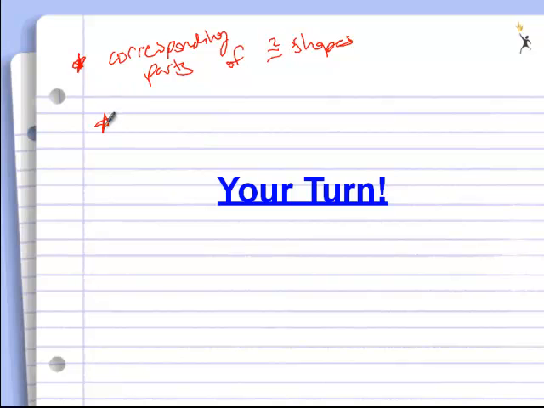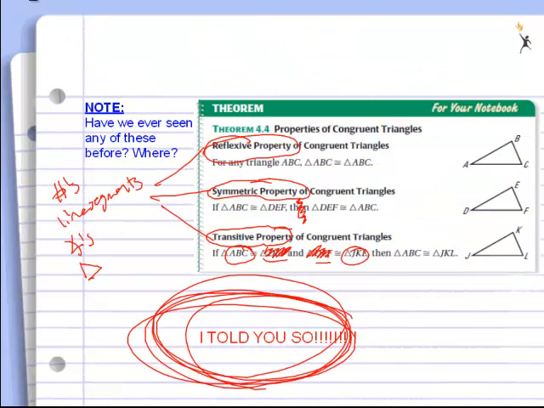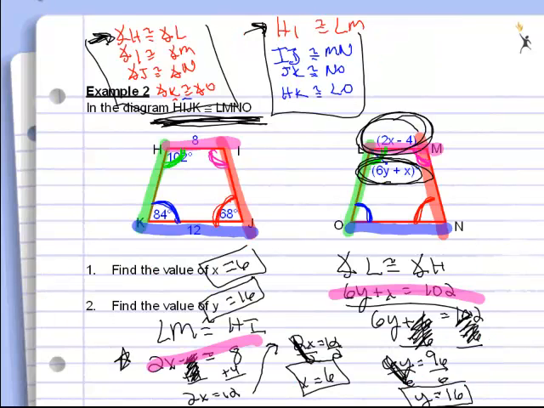Then we talked about congruency statements, where you compare the sides and angles of one shape with the sides and angles of another. Then we solved some problems using those congruency statements to help set up our problems. And that was right there.